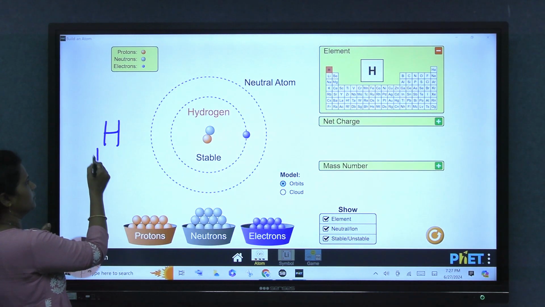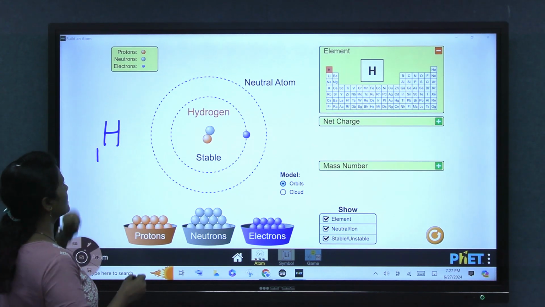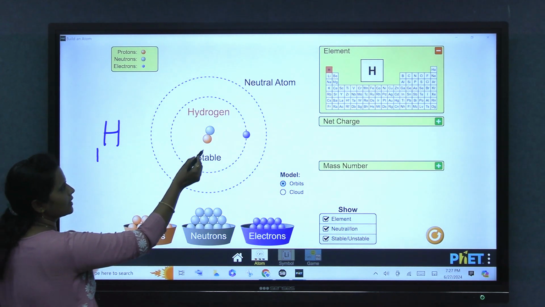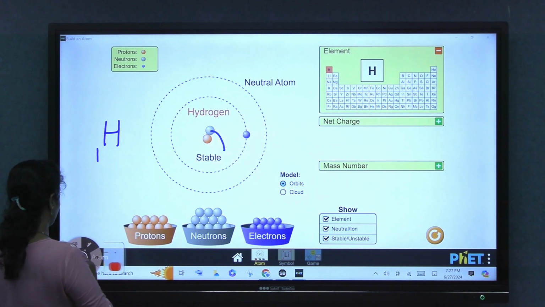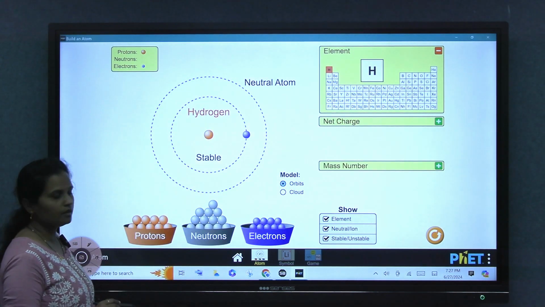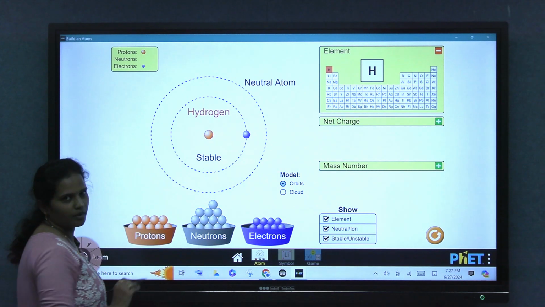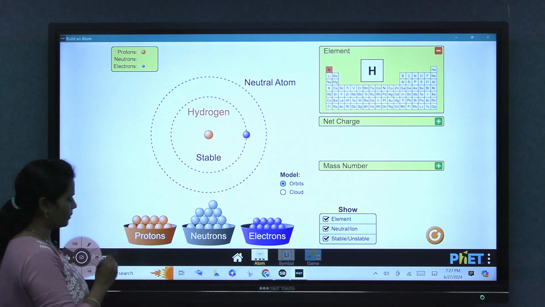There is one proton. And what is the mass number? If I remove the neutron, it is stable. So how many electrons and protons are present now?